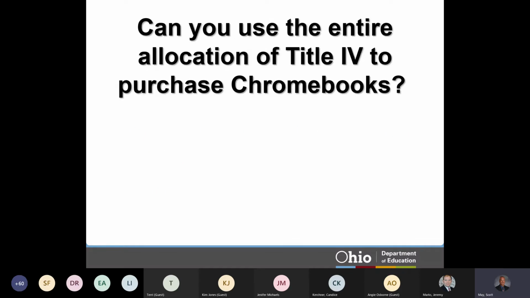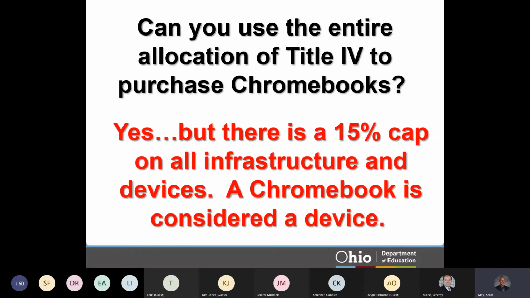And our last question, can you use the entire allocation of Title IV to purchase Chromebooks? This is a very common question the last couple of years. The answer is yes, but I want to put a caveat on there because there is a 15% cap on all infrastructure and devices.